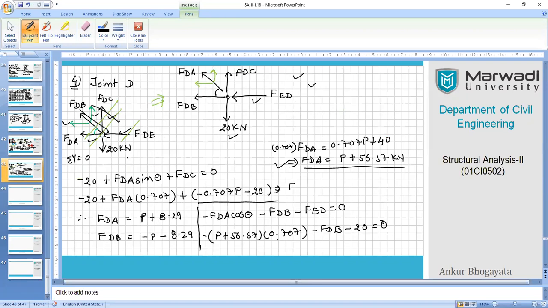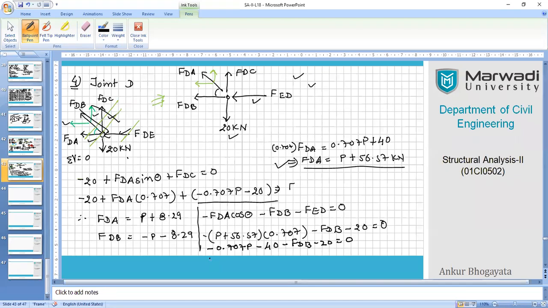So now we are ready to write our further simplified view. 56.57 into 0.707 gives you 40 again. So let me write down 40 here directly, right? Minus FDB minus 20 equals 0.